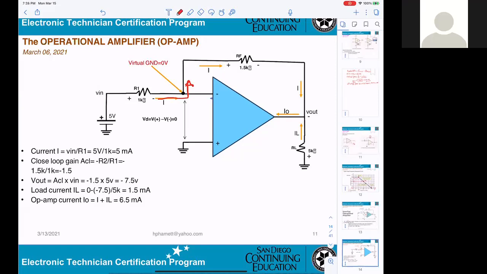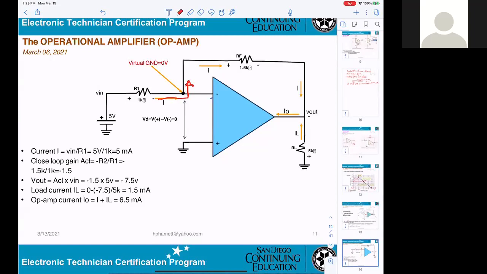The question I'm asking is, I don't want to memorize it, I want to understand it. I don't understand either. The way I understand it is that if there's any difference between the non-inverting input and the inverting input, because the ideal op-amp has infinite gain, the output voltage would try to be infinite. But the output voltage is fed back to the inverting input to drive the difference to 0.